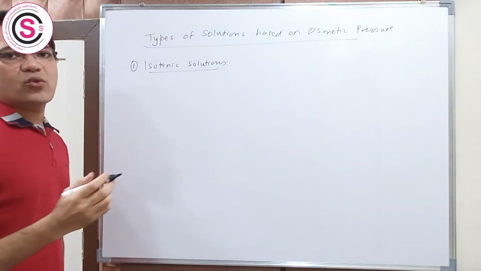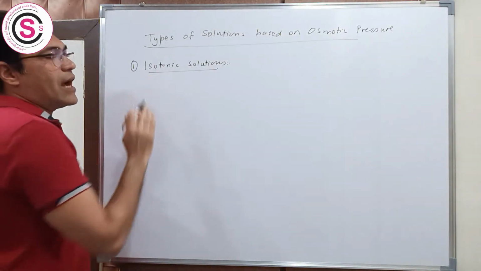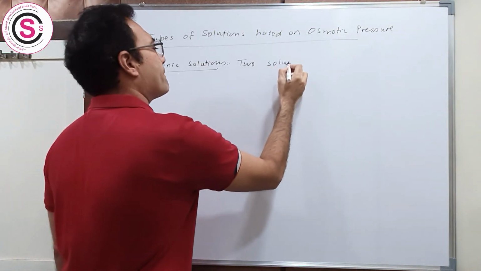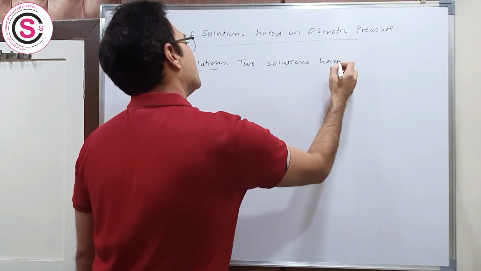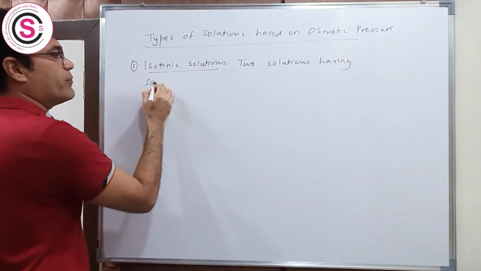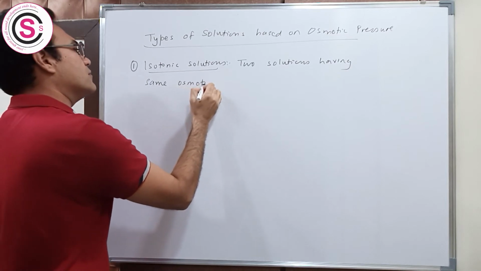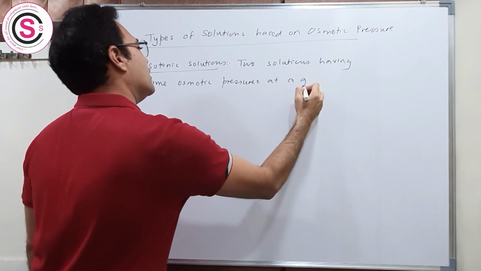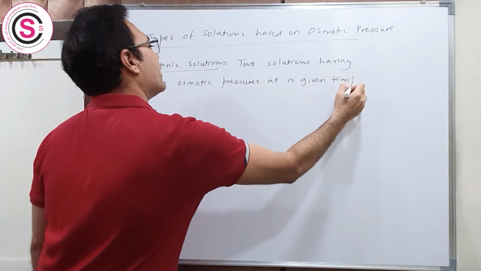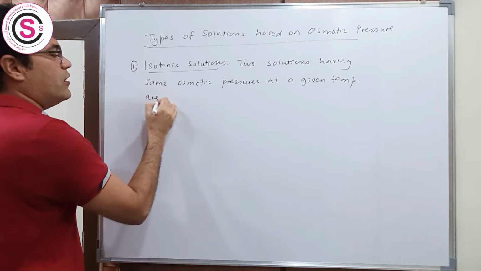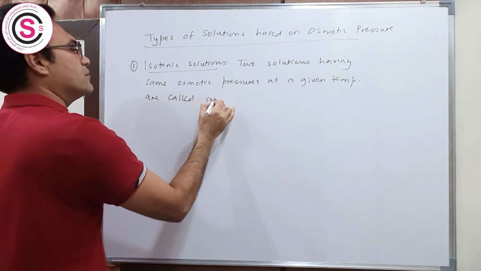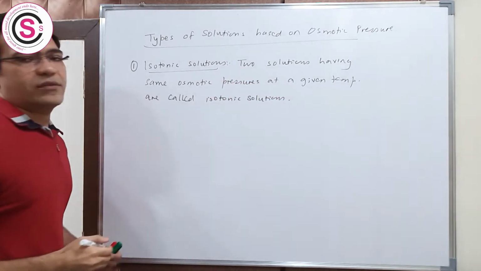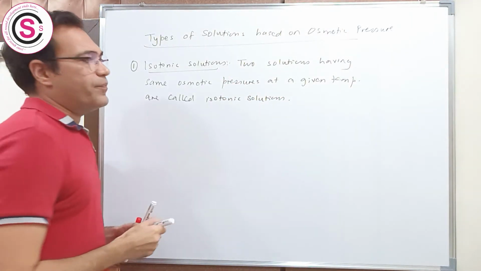Now what does isotonic solution mean? Students, two solutions having same osmotic pressure at a given temperature, or you can even write at same temperature, are called isotonic solutions.